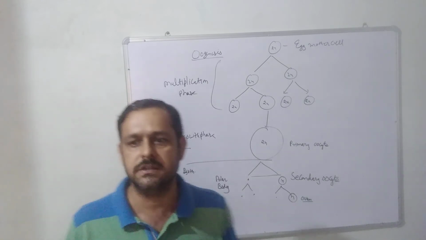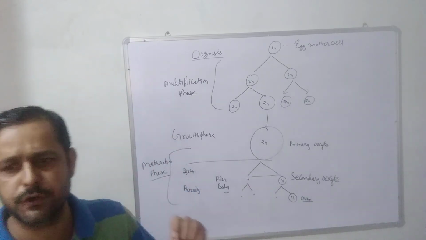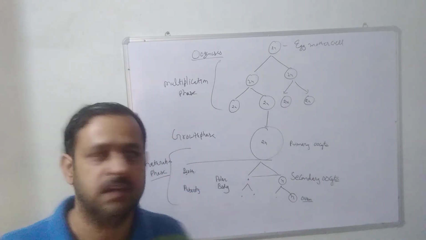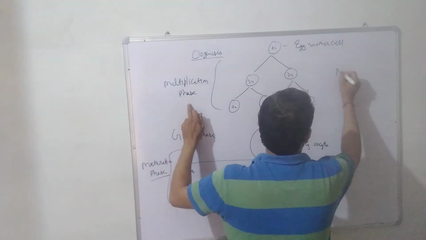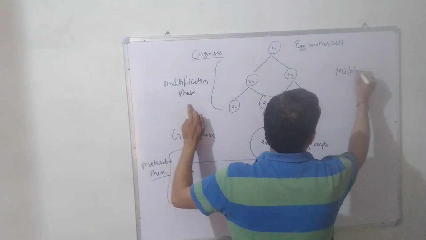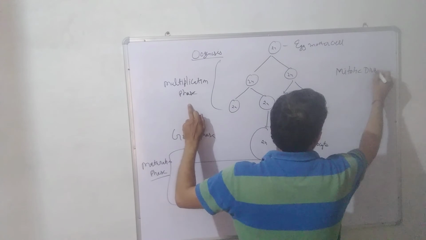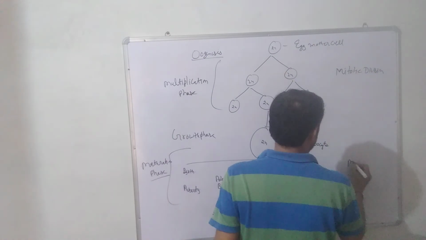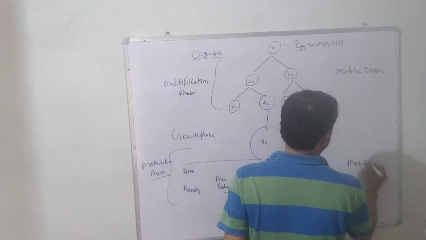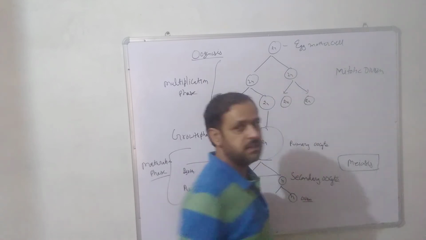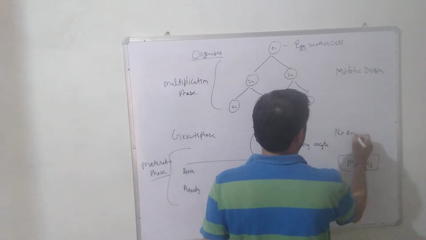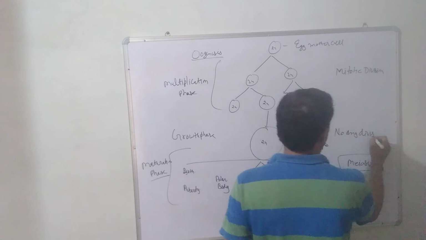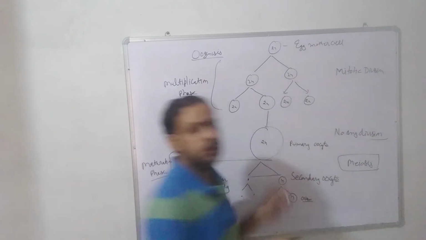In the growth phase, the essential nutrients are synthesized. Remember, only mitotic division happens in the multiplication phase, meiosis happens in the maturation phase, and there is no division in the growth phase.